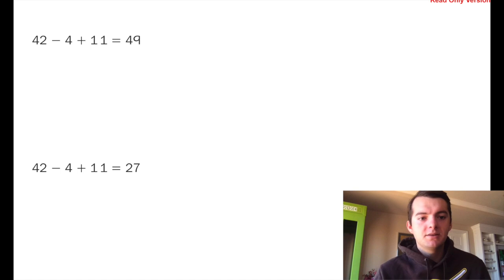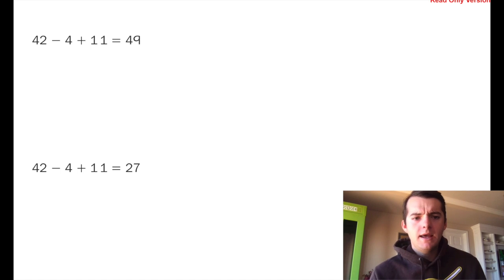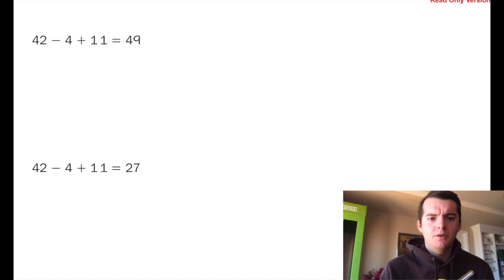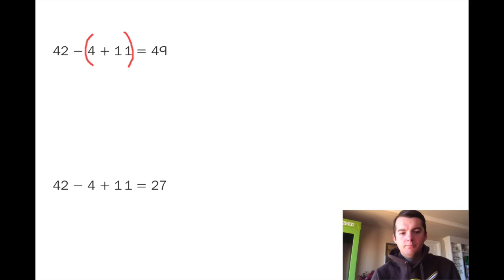So let's take a look at the first one. 42 minus 4 plus 11 equals 49. We really only have to put parentheses around two of these three numbers. So let's go ahead and put it around the 4 and the 11 first. There we go.